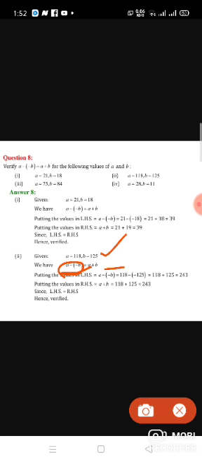First we put the values into the LHS, a minus (negative b). The value of a is 118, so 118 minus (negative 125). Now minus minus becomes a plus, so 118 plus 125 is equal to 243.